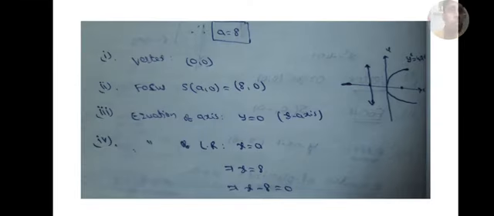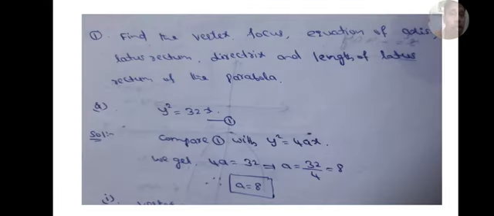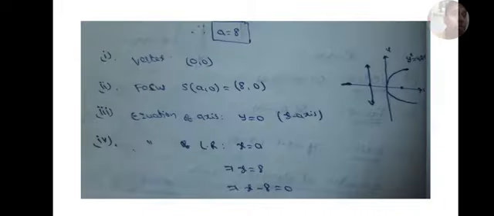Mainly we have to find the a value first and substitute it in the formulas. It is in the form y square equal to 4ax, so the parabola looks like this. We have to recall all the formulas: vertex (0, 0), focus, axis, equation of latus rectum, equation of directrix, and length of latus rectum.